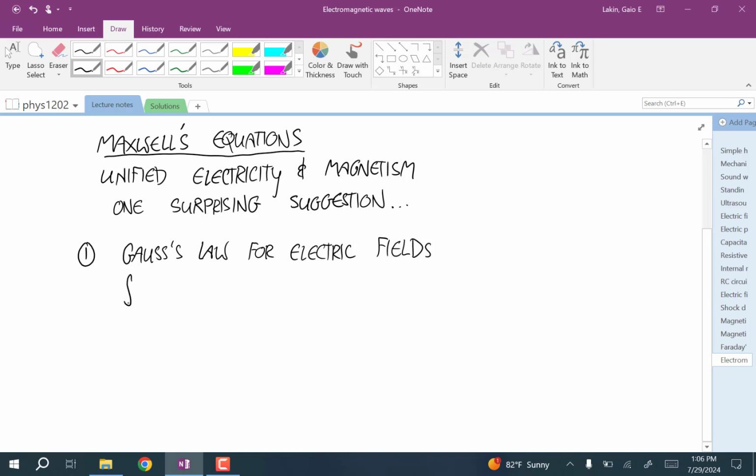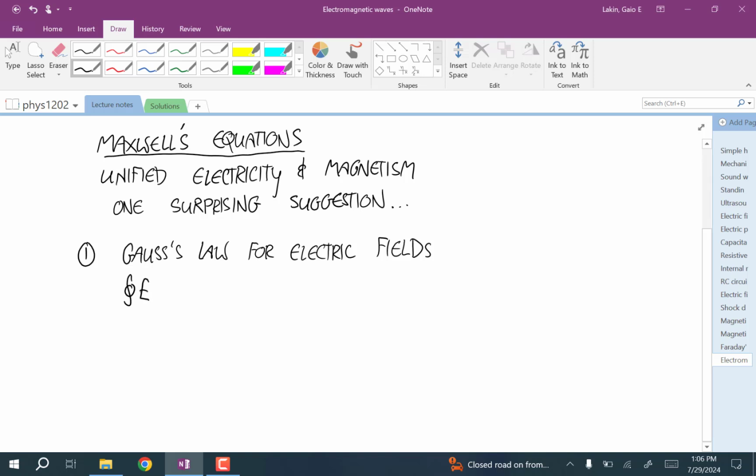But the integral over a closed surface, you can imagine enclosing an amount of space in shrink wrap. That's what this integral means.